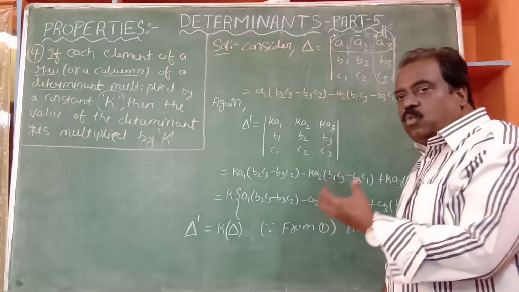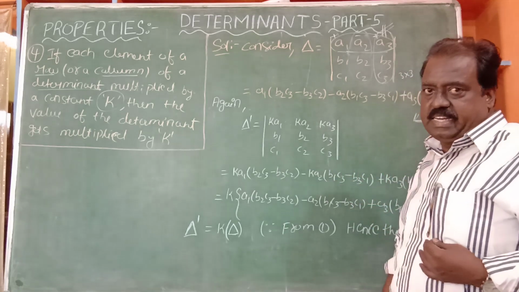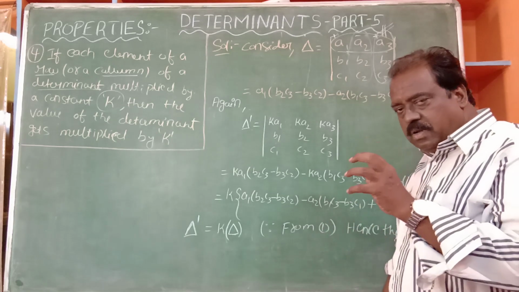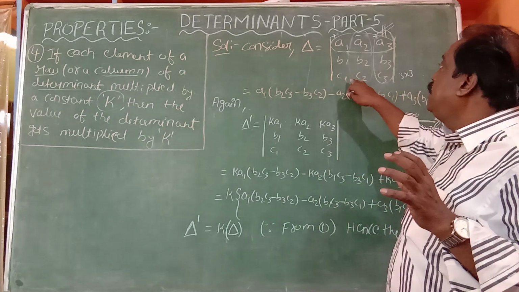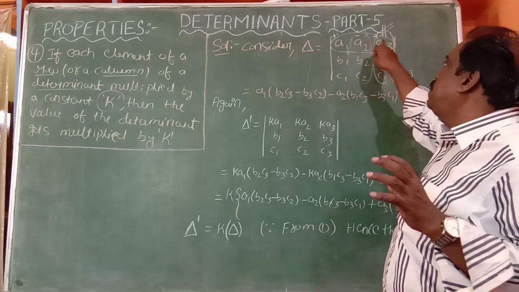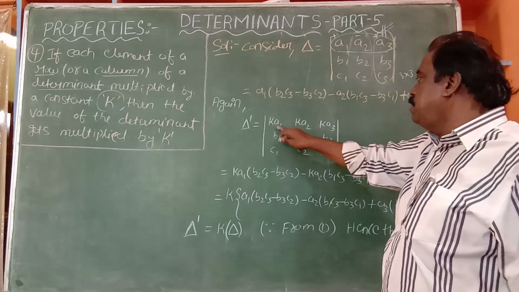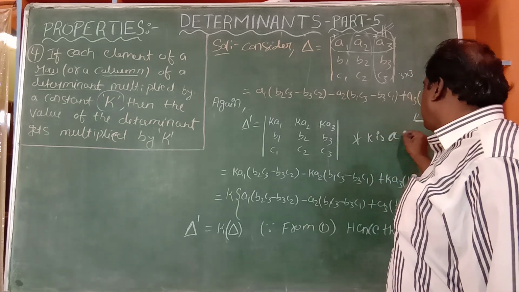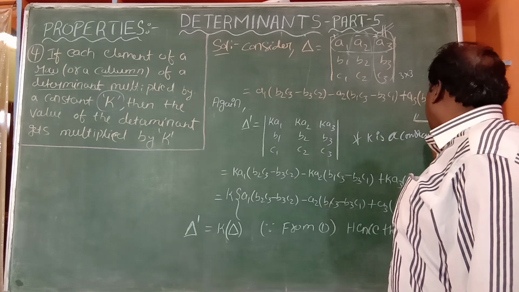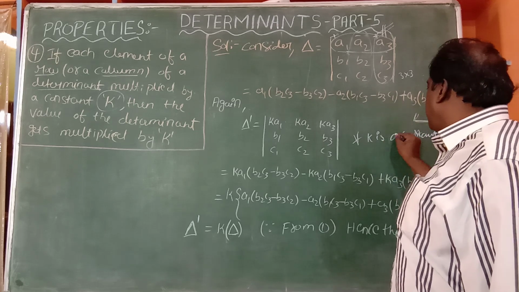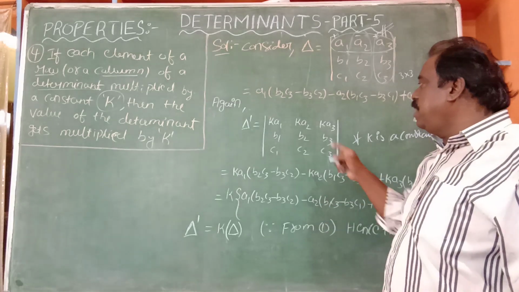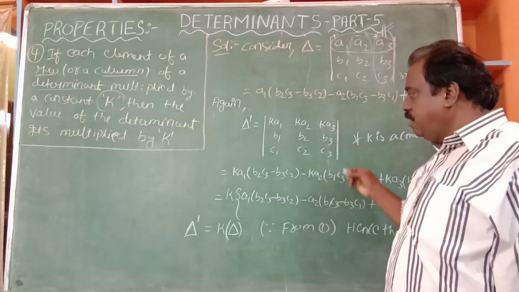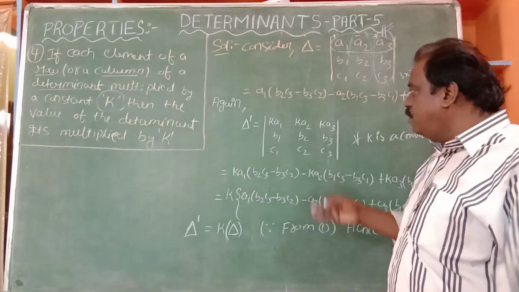Now we are considering delta dash, a new determinant. In the given determinant, all the elements of the first row are multiplied by a constant, where k is a constant. If we multiply each element of the first row by the constant k, we will see what happens to its value.